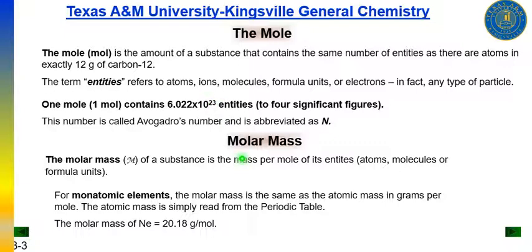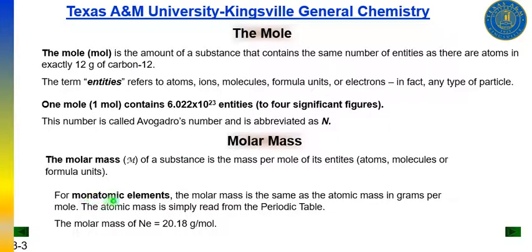The molar mass. The molar mass can be written as capital MM, 2 M's, which is defined as the grams per mole of its entity. This entity again can be atoms, molecules, or formula units.